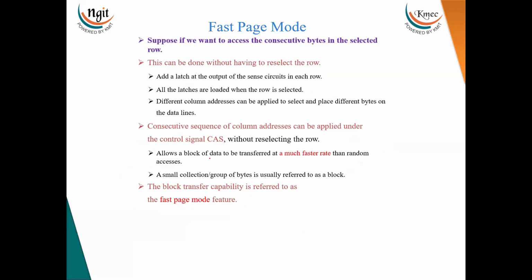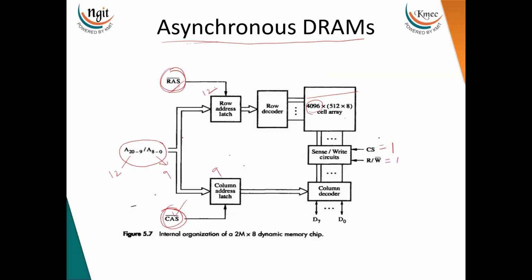Now, one more concept: if we give the address, only 8 bits of data are selected from the given column. If I want to do a block transfer, that is nothing but reading consecutive memory locations. At that time, the row address is given only one time.